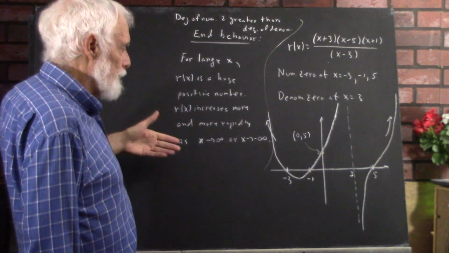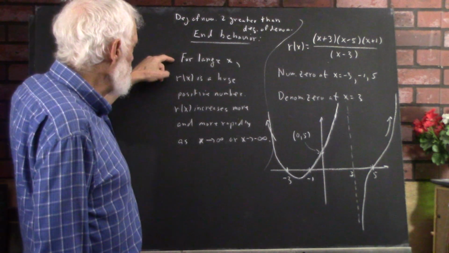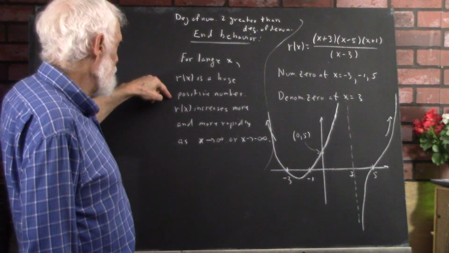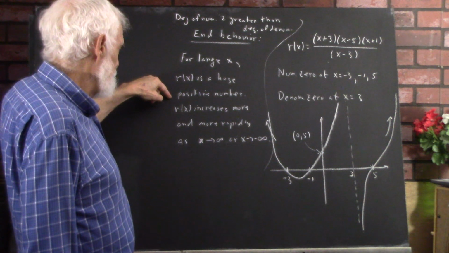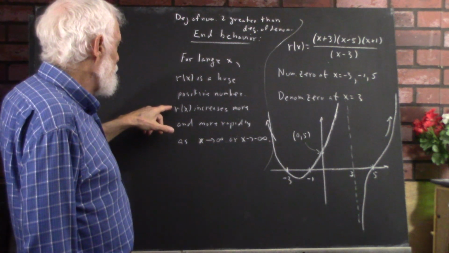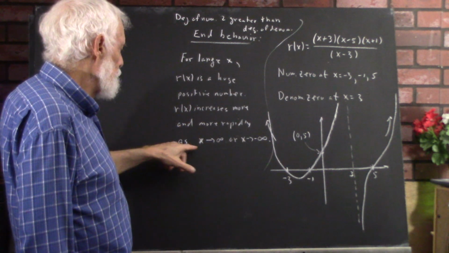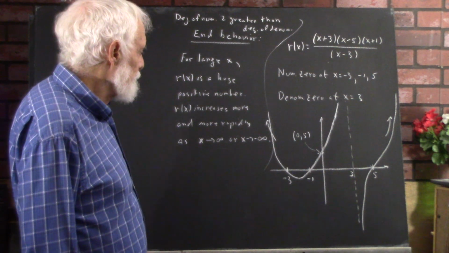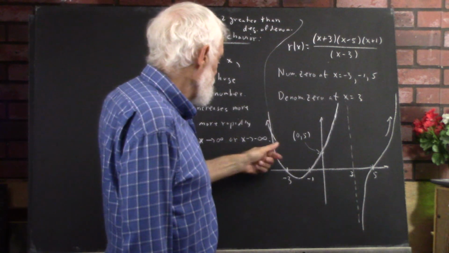Now, another way of saying it, if x is large, r of x is a huge positive number. And you can check that out in various ways. In other words, r of x increases more and more rapidly as x goes to infinity or negative infinity. So it's got to go up like this.